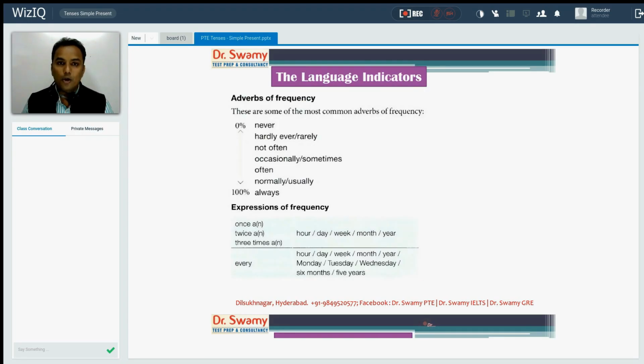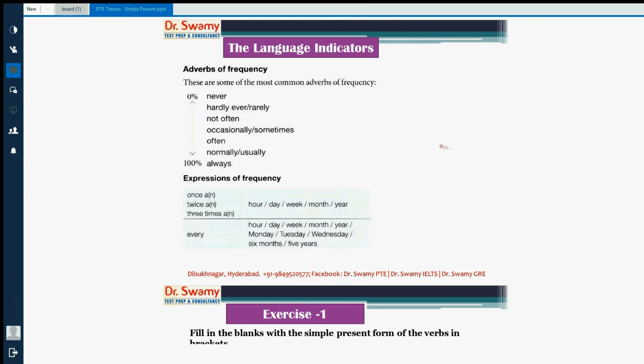Now, going on to the language indicators. What are the language indicators generally used? If you look, you will find two sets of expressions in simple present tense. One is the adverbs of frequency and the other one is expressions of frequency. See, you might see a range of expressions from never to always.